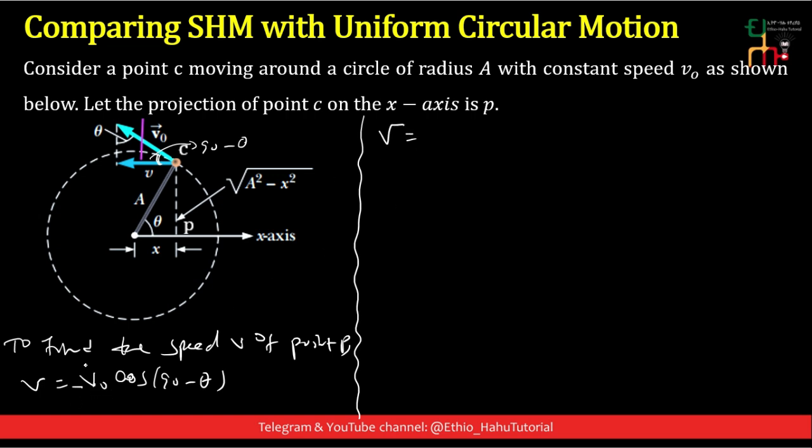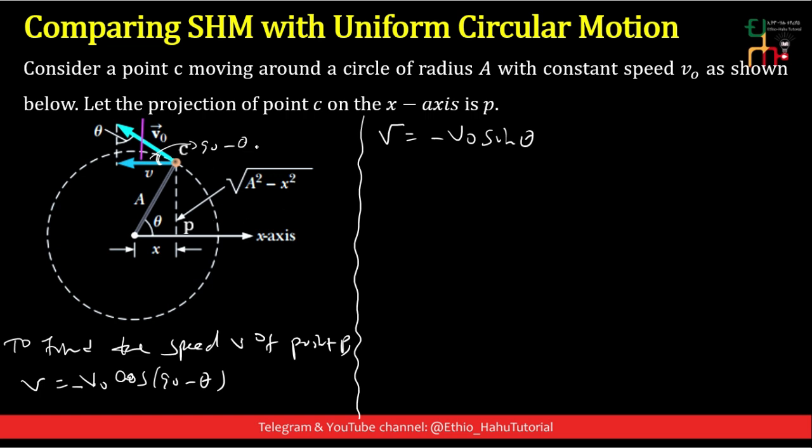v is equal to minus v naught times cosine of 90 minus theta, which is simply sine of theta, because 90 minus theta and theta are complementary angles. If two angles are complementary, then the cosine of one is the same as the sine of the other.